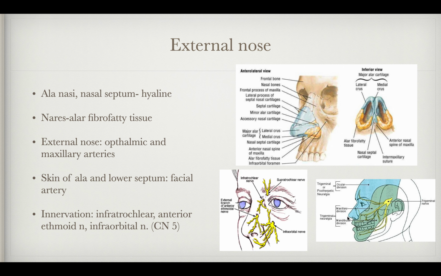So the maxillary division right here is going to be a motor neuron. So this is what allows you to twitch your nose from side to side. The ocular, or the top division, allows you to scrunch your nose.